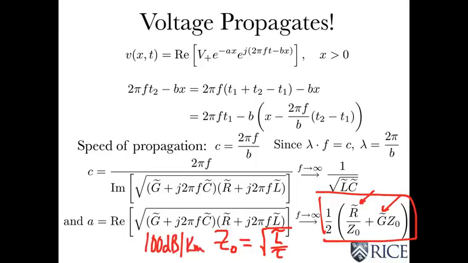Turns out this attenuation factor is smaller at low frequencies, but if you operate the cable at low frequencies, the speed of propagation will now depend on frequency, and you'll get different delays for different frequencies, and we've already seen that won't be a very good situation.